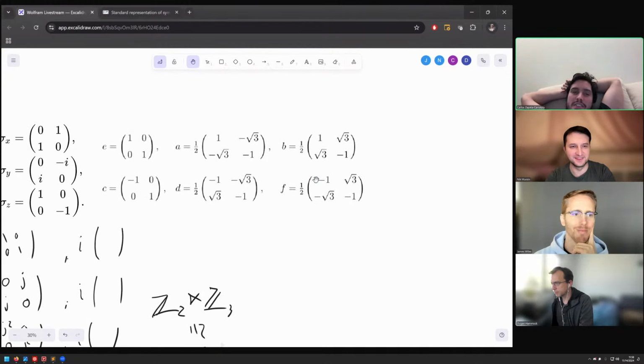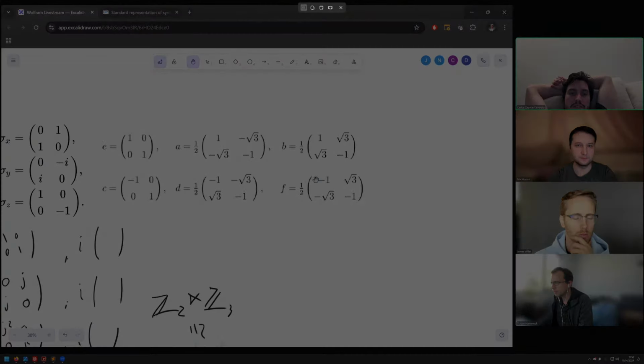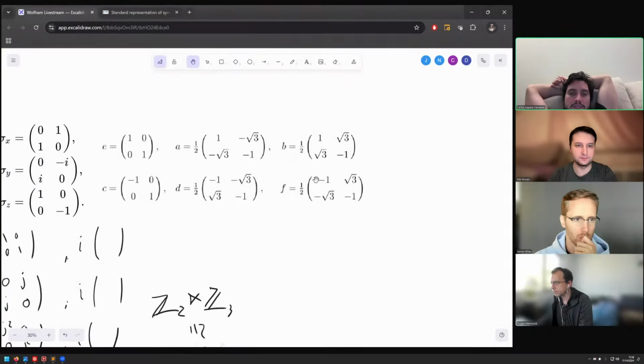It's funny. By inspection, I think it's very clear that they are not canceling because they would have to cancel component wise. Well, wait. No, the EDF cancel out, right?